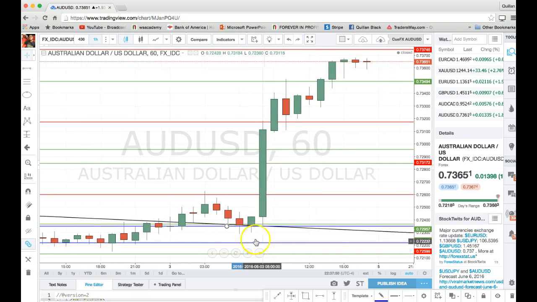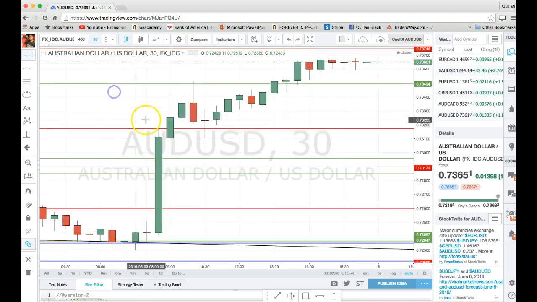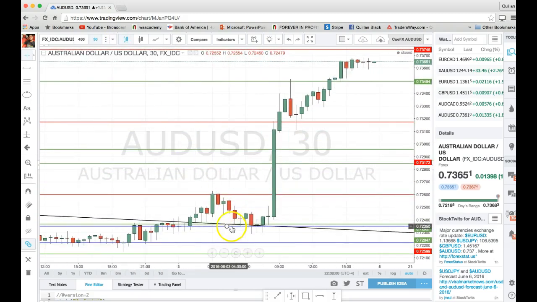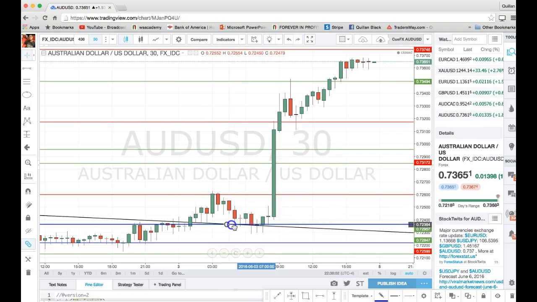Beyond that, my entry candle is going to be this third candle, which was the retrace. If I went on lower time frames, I could have probably seen it a lot better. Candle reverse pattern, candle after, entry candle. Shoot it up.